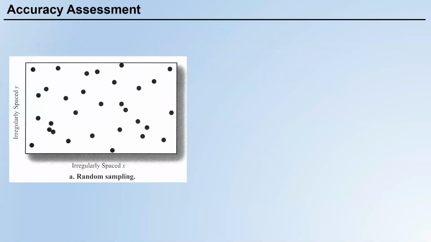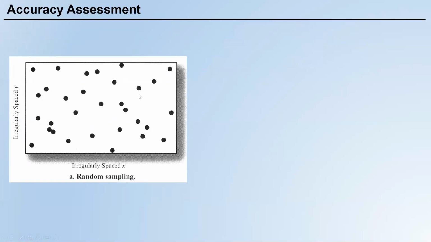So this is random sampling. This rectangle here represents your image, right? If you're simply using random sampling, you just randomly pick some pixels within this range, right? So each black dot here is a sample. You can consider each dot here as a pixel.